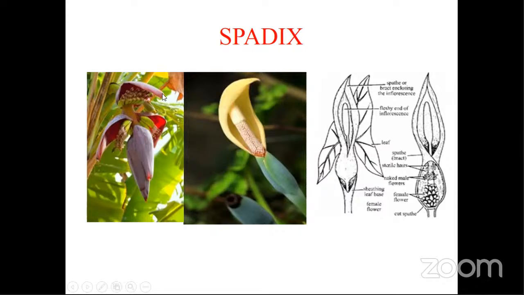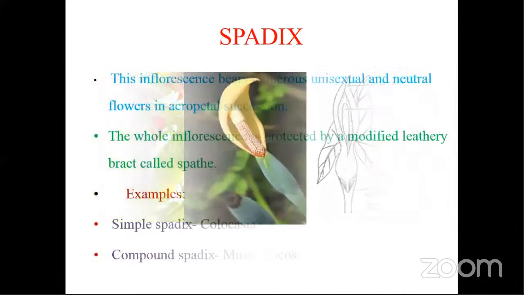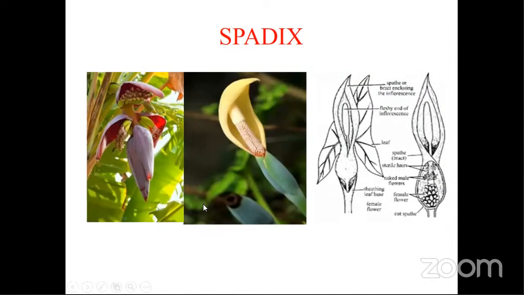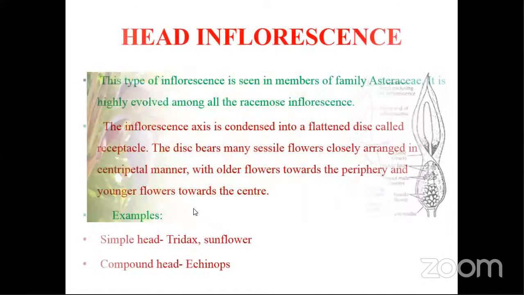So in some, each one is individually protected by the spathe; in some, the whole inflorescence is protected by one common spathe. But presence of spathe is a characteristic feature of spadix type of inflorescence. We have to remember the modified bract called spathe. Okay, and the next is head inflorescence.